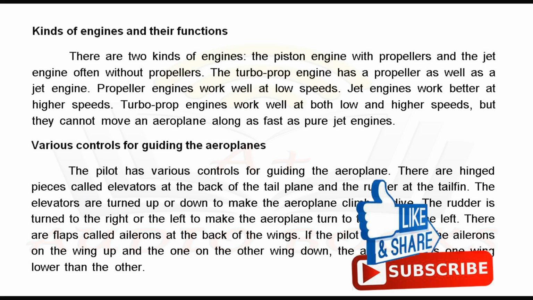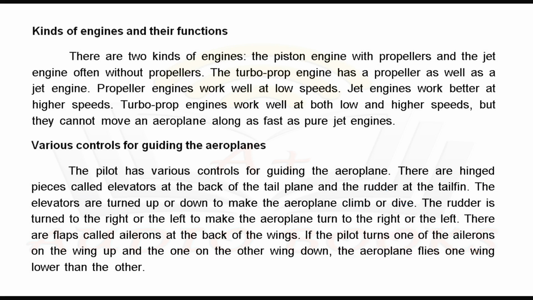Various controls for guiding the aeroplanes. The pilot has various controls for guiding the aeroplane. There are hinged pieces called elevators at the back of the tailplane and the rudder at the tail fin. The elevators are turned up or down to make the aeroplane climb or dive.